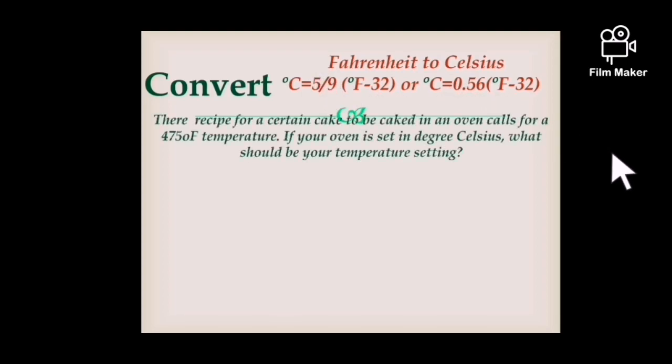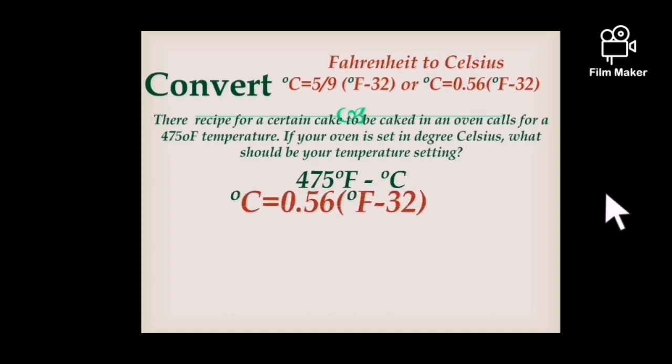So, the problem is, the recipe for a certain cake to be baked in an oven calls for a 475 degree Fahrenheit temperature. If your oven is set in degrees Celsius, what should be your temperature setting? So, 475 degree Fahrenheit converted into Celsius, the formula is degree Celsius is equal to 0.56 times degree Fahrenheit minus 32.